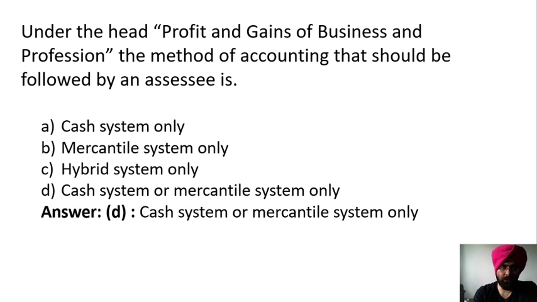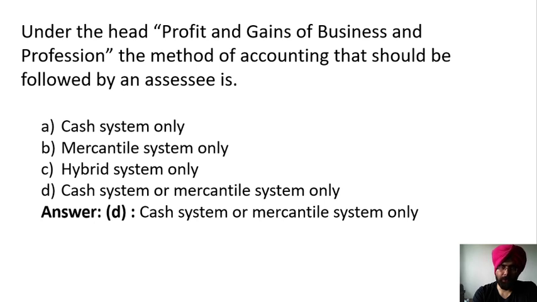The fees that are due are not recorded by him. But a businessman records his sale based on credit. Even if the amount is not realized, it is still treated as sales. So he is following the mercantile system of accounting. So in mercantile system, all revenues and expenses are recorded on accrual basis, because they are due.